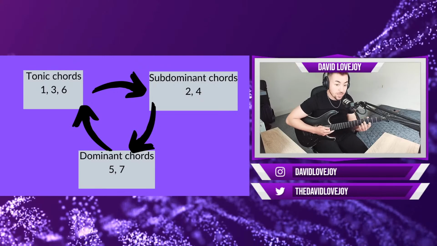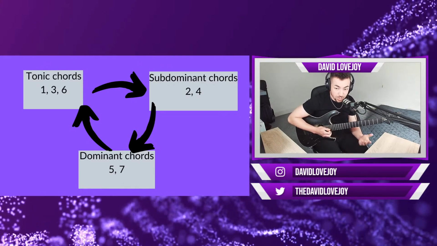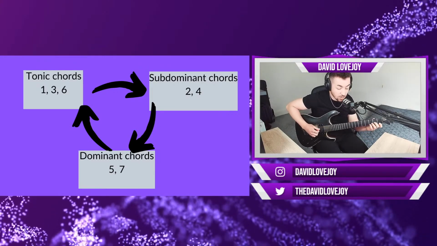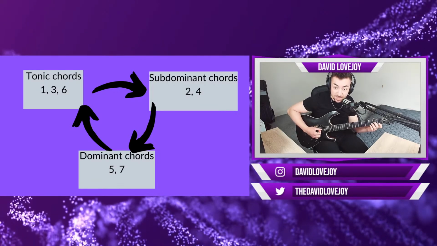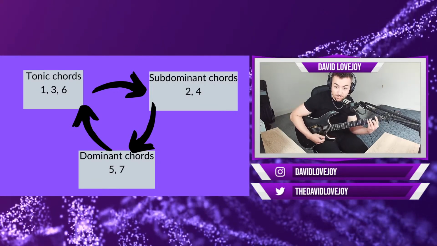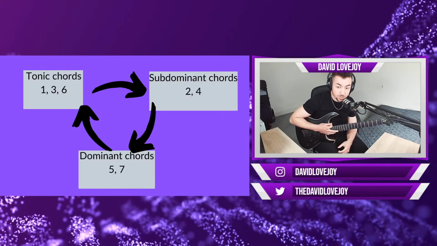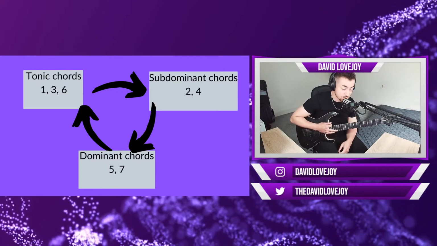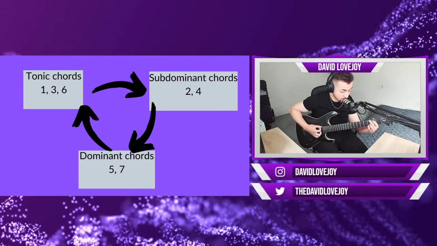Then we've got subdominant chords, which are chords 2 and 4, which are D minor and F in the key of C. And then we've got dominant chords, which are chords 5 and 7 in the key of C, which are G and B diminished.